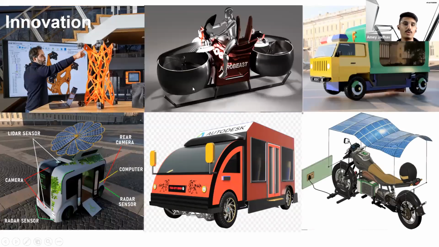Our main motto in Autodesk for Fusion 360 is innovation. Except this orange color design, which is called a generative design, everything which is on your screen right now is being done by the students themselves. Last year, Anna University Design Challenge students have done these things.